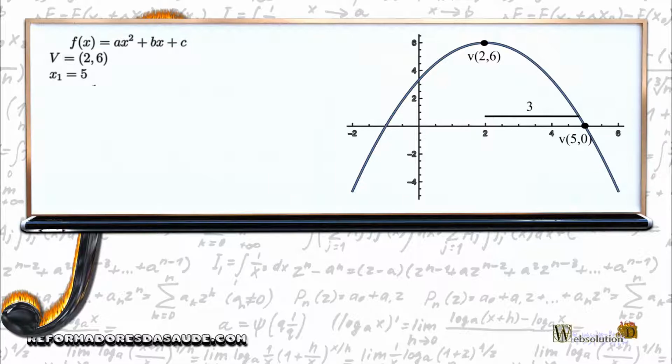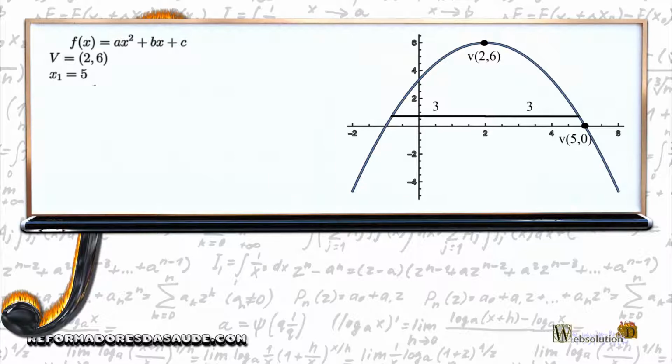Now, since the parabola is symmetrical, we count the same number of points on the x-axis until we reach point 5 on the right side. Counting from point 2 on the x-axis, counting 3, 4, and 5, we see that we skipped 3 houses.